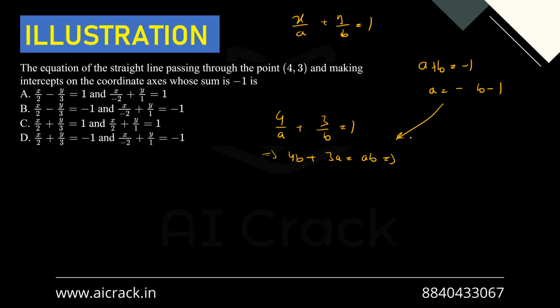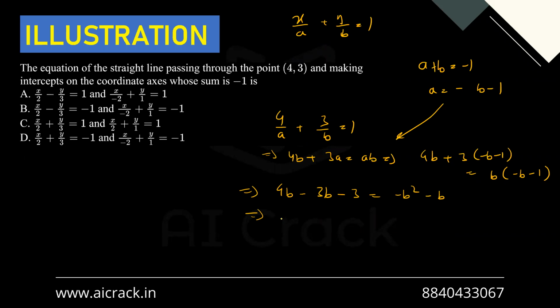If I use a equals minus b minus 1 over here, that gives me 4b plus 3 times (minus b minus 1) equals b times (minus b minus 1). So this becomes 4b minus 3b minus 3 equals minus b square minus b.